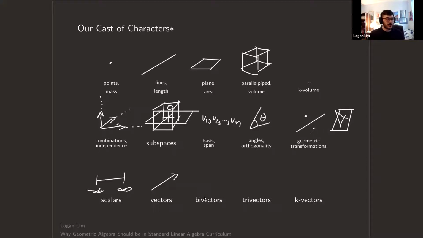What I want to argue is that in this toolbox, we can have a better means of conceptualizing these objects and their algebraic operations without using matrices. The advantage is that it removes a lot of the complications from our algebra. Matrices are very powerful tools, but they're very general, in the sense that they don't always need to capture the algebraic relationships that have the geometric nature of the objects like I described.